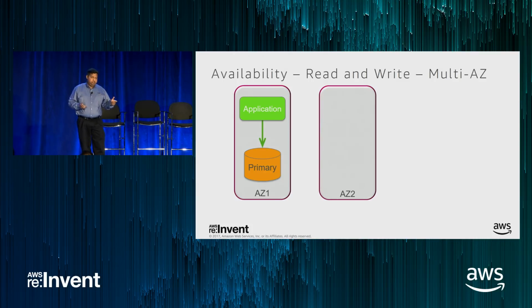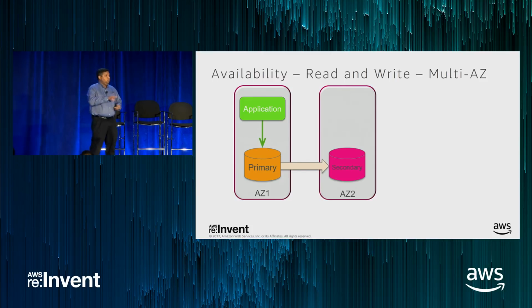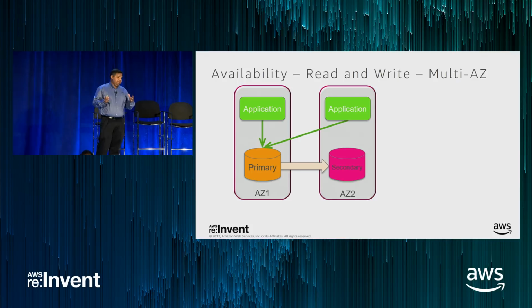When you do that, in a second AZ in the same region, and you can select which region you want to do this, it will now create a synchronous copy of your database on that secondary instance. And it will be writing to it synchronously. It uses physical synchronous replication.